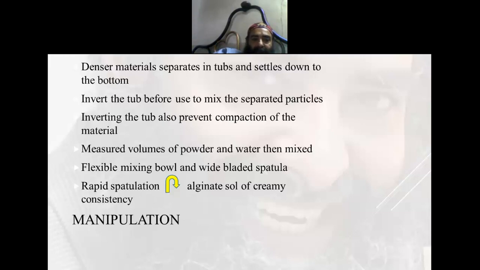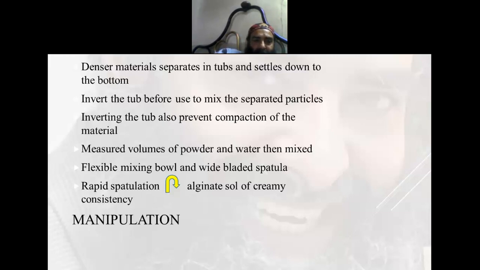Now for mixing, a flexible mixing bowl and a wide bladed spatula are needed. You have the wide bladed spatula in your own dental kits, and the flexible bowl is also present in your dental kits.